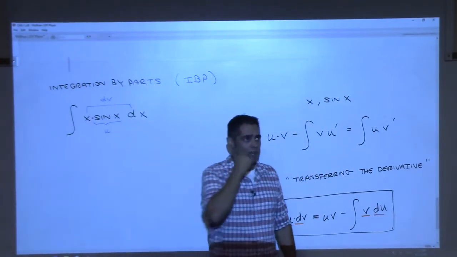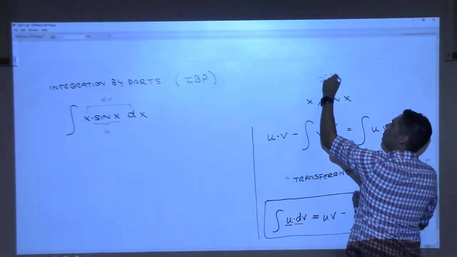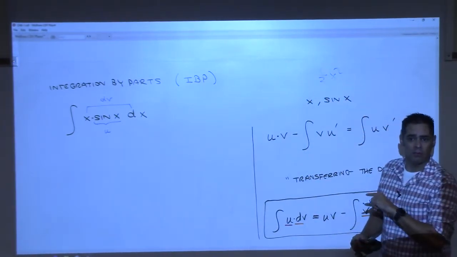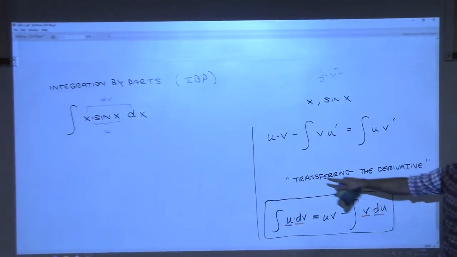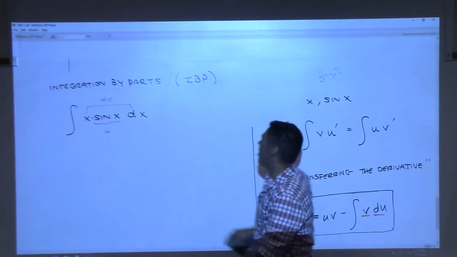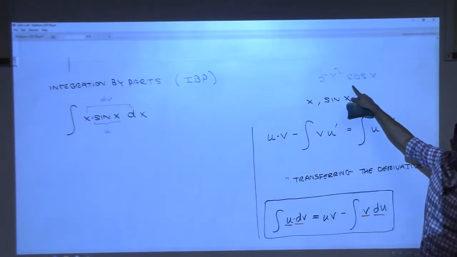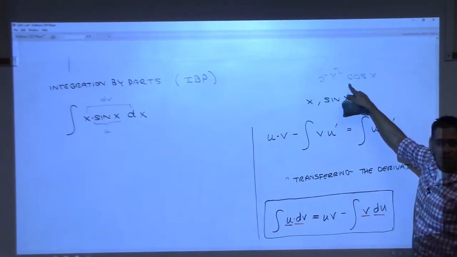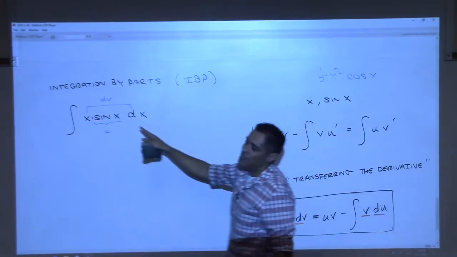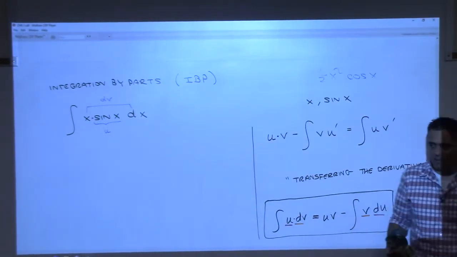What's the antiderivative of x dx? 1/2 x squared. That will be in the new integral. And then what will also be there? du. What's the derivative of u? Cosine x. Now, look at this. Do you really want to integrate that? Doesn't that look worse than what we started with? The first one was just x sine x, and now we have 1/2 x squared cosine x. That doesn't help, does it?